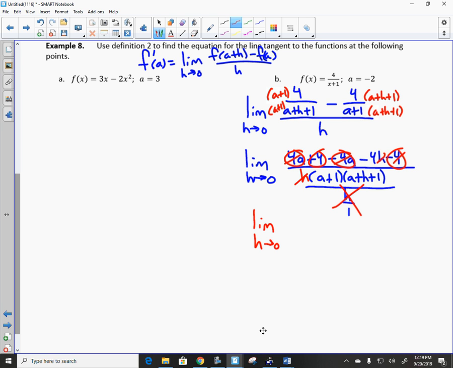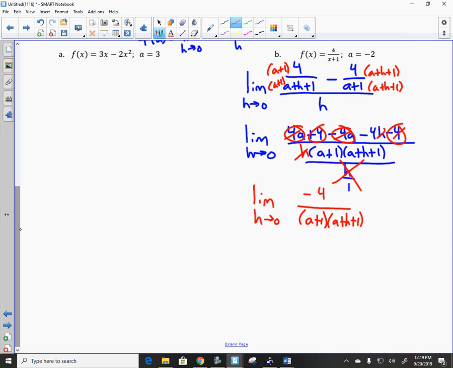We have the limit as h goes to 0 of negative 4 over a plus 1 times a plus h plus 1. I can now plug in the 0 for h. When you plug in 0 for h, what happens? You get negative 4 over a plus 1 quantity squared.